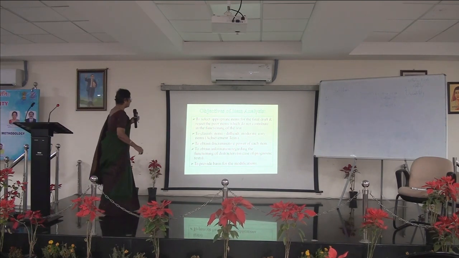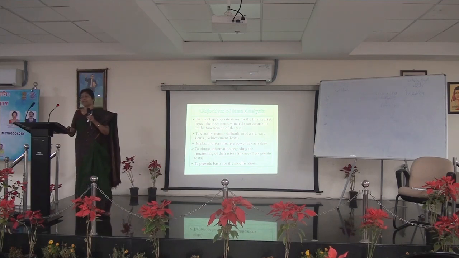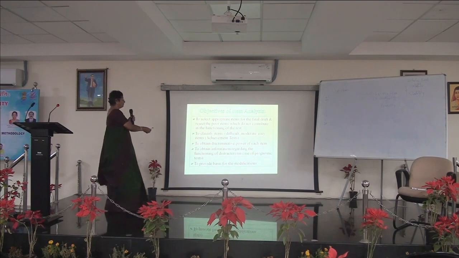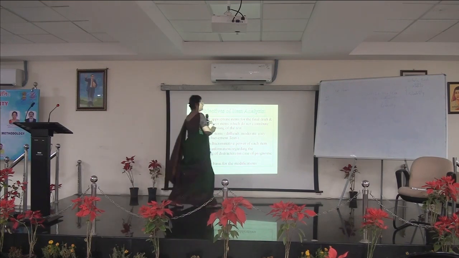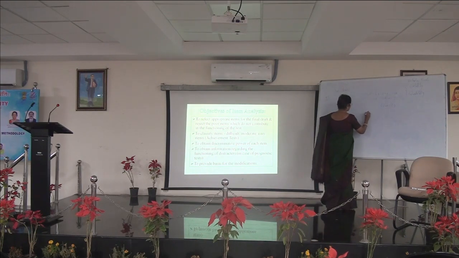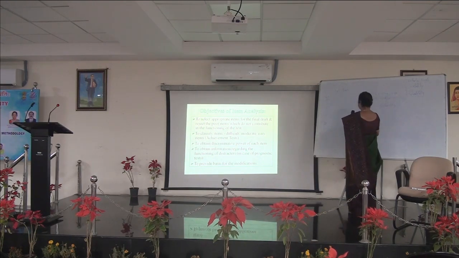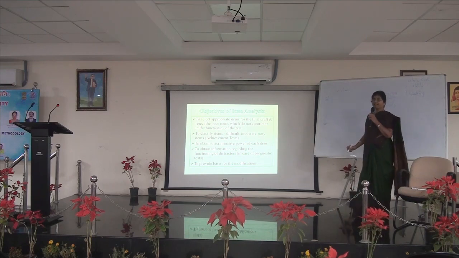And then to obtain the discriminative power, the item validity and item reliabilities are given by this concept, discriminative power, which we call DP. And the earlier one we call DV, difficulty value.